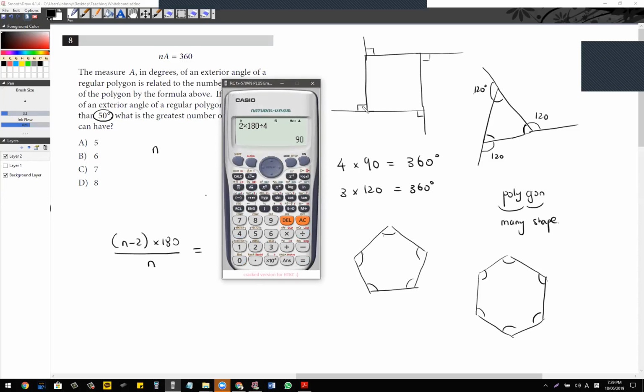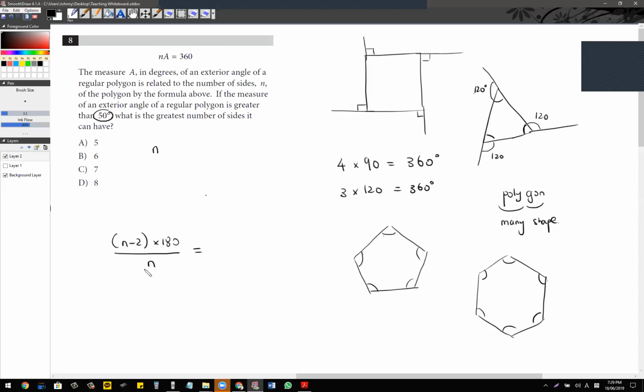Then you get 90. So each angle here is 90 inside. This is the formula for the internal angle. That formula there is external. The external angle is given by 360 divided by n. So memorize this formula. This is very, very important.